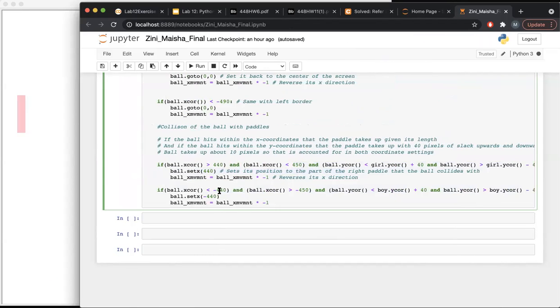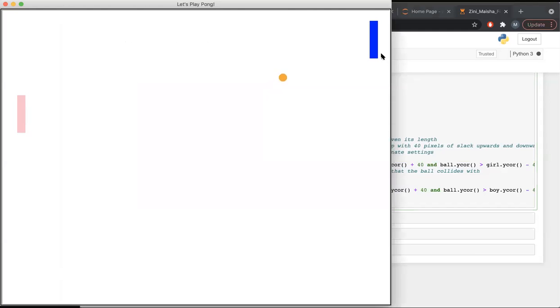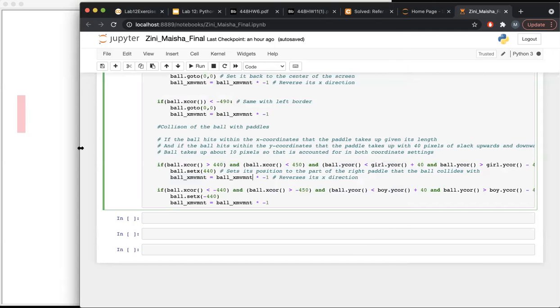So if the x coordinate of the ball is greater than 440 and less than 450, and the y coordinate of the ball is less than the y coordinate of the paddles. So right now for this first function, I'm working with this paddle right here. Or actually, let's just go to this one because it's easier to see with the code.